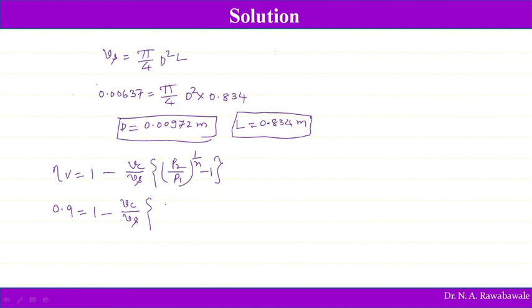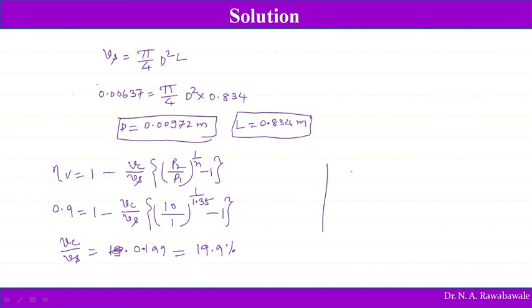P2 is 10 bar divided by P1 is 1 bar, to the power of 1 divided by 1.5, minus 1. Closing the bracket, on simplification Vc divided by Vs we get as 0.199. In percentage, this can be written as 19.9%. This is how we obtained it.